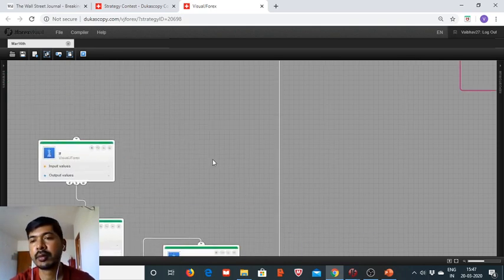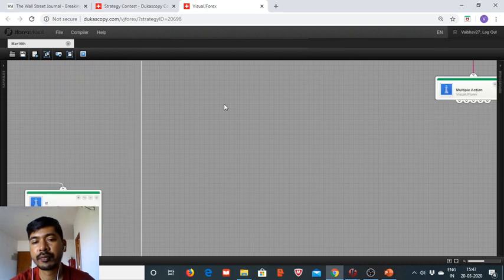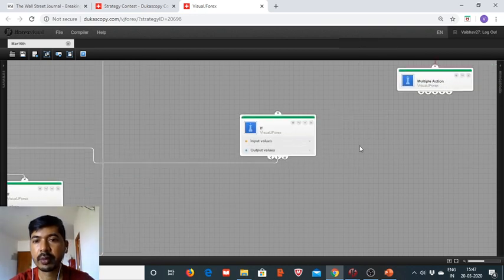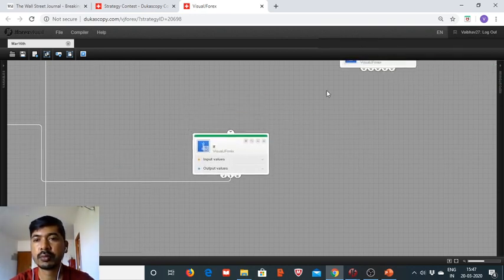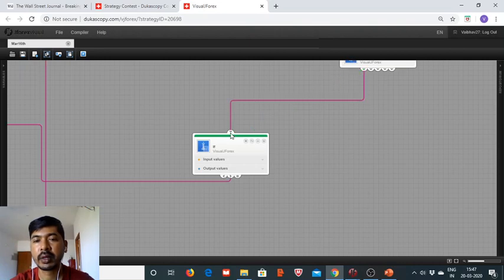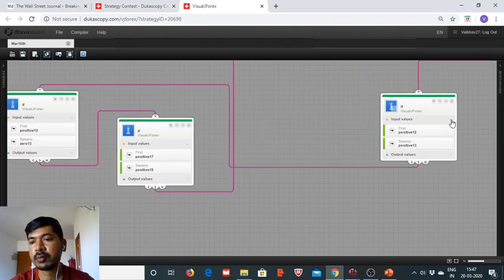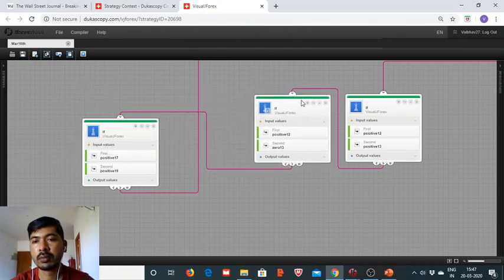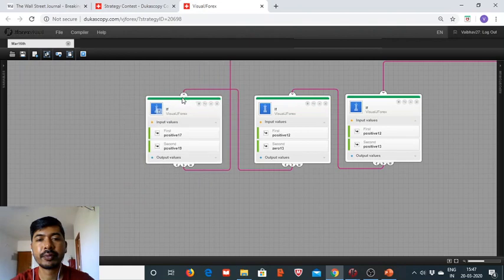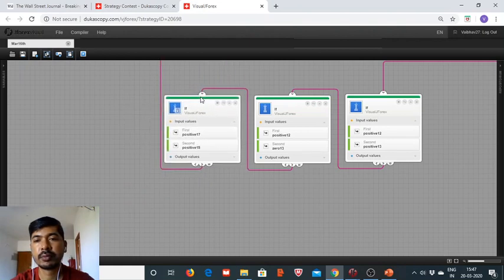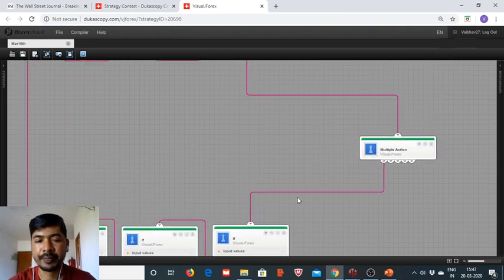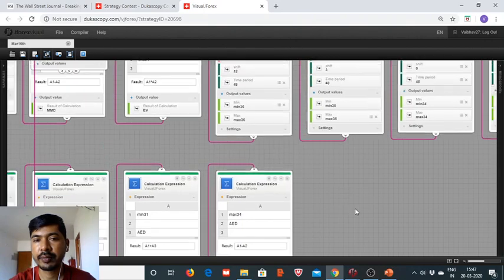And here, connect this. Now we compare the candle closing.